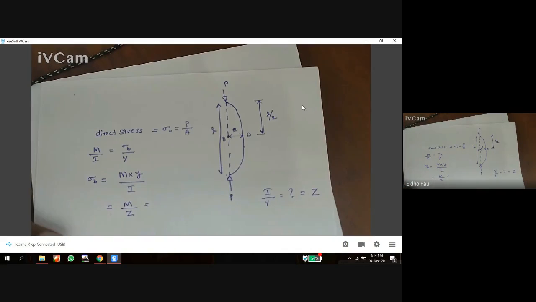M is the maximum bending moment. Where is the location of maximum bending moment?